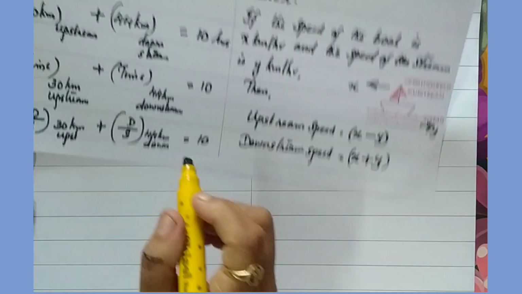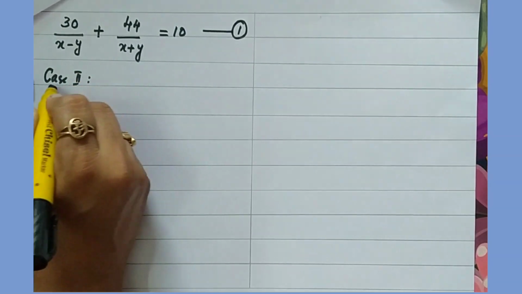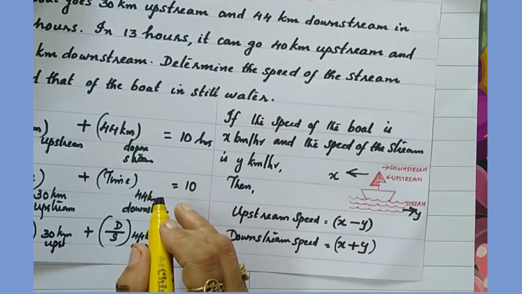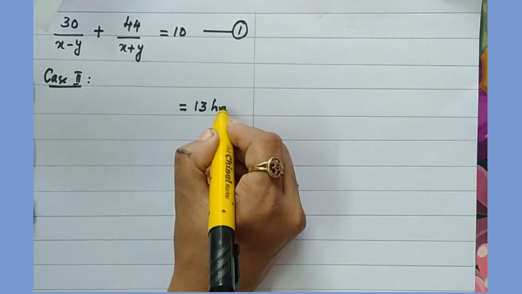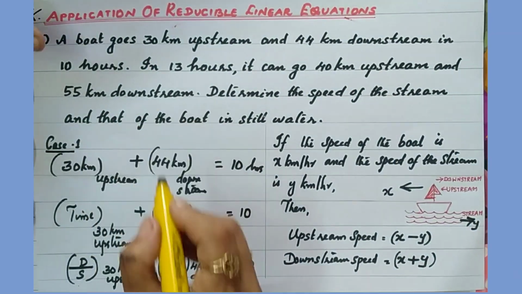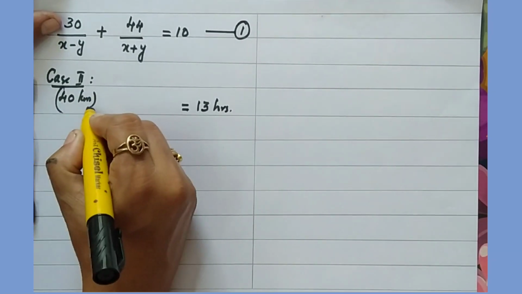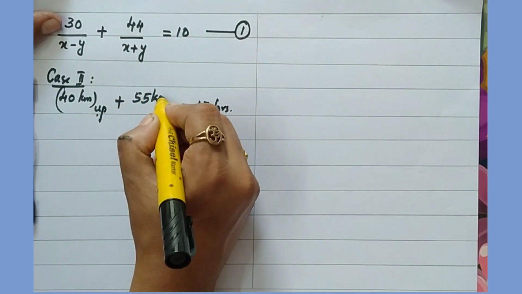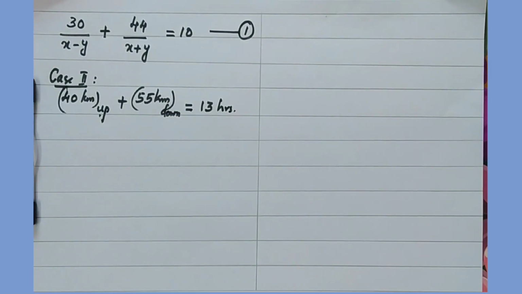So case 2 is: in 13 hours it can go 40 kilometer upstream and 55 kilometer downstream. The time is given to us as 13 hours.